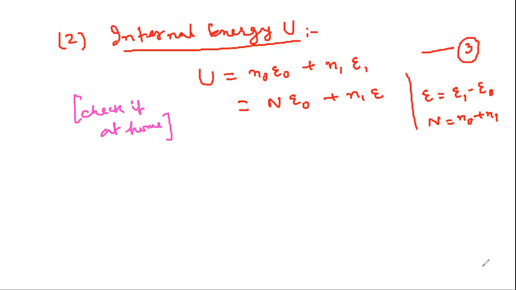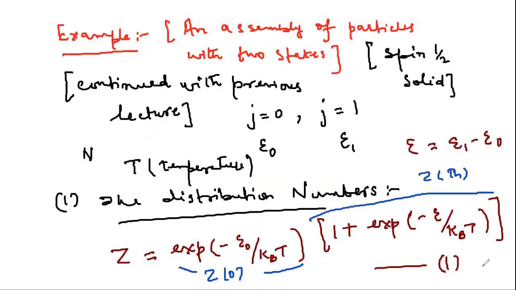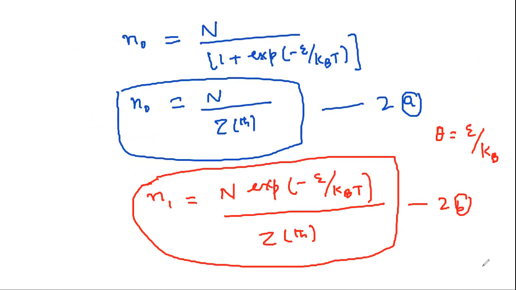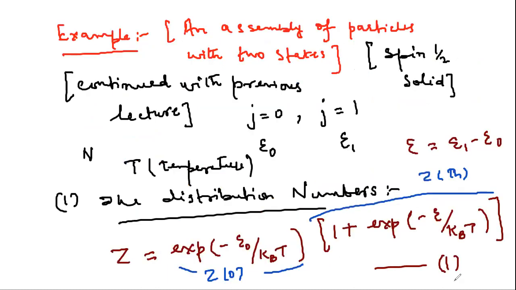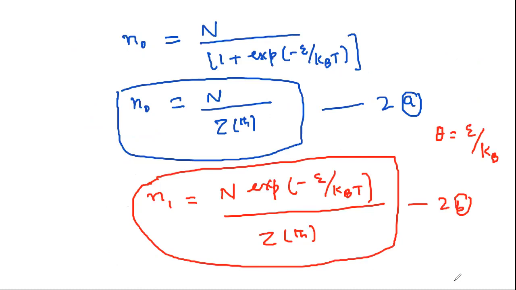N1 is given by this expression, right? Or not? N1 is given by this one, 2b. So N1 is given by equation 2b.